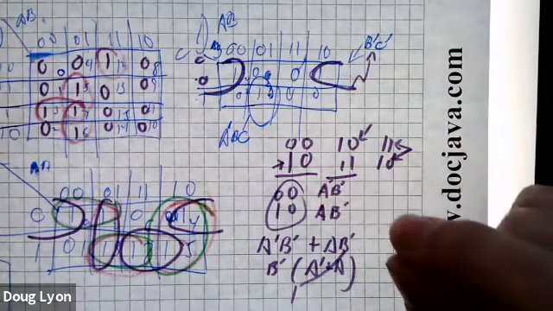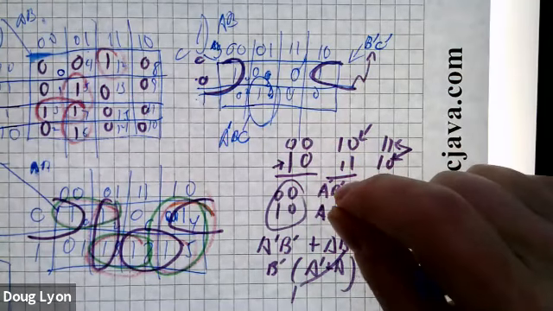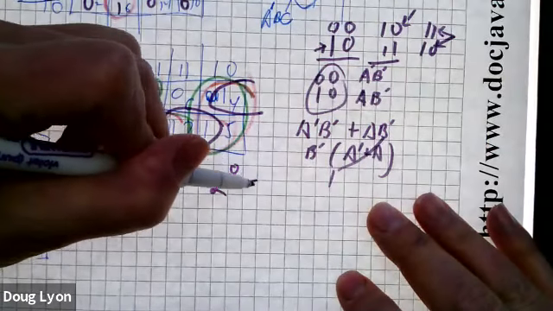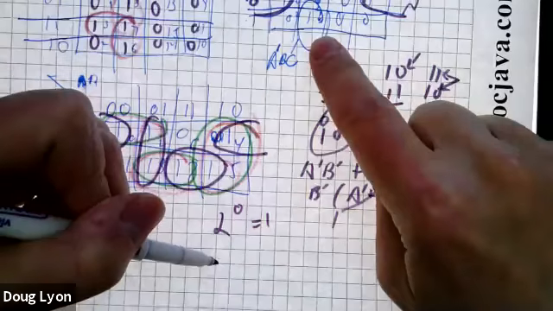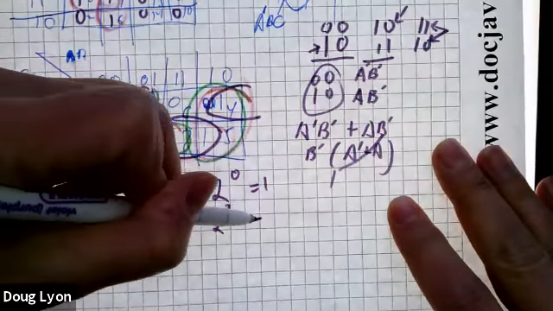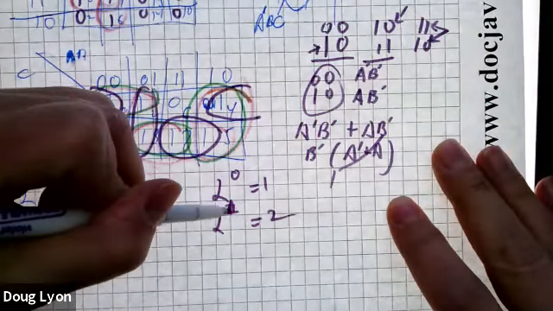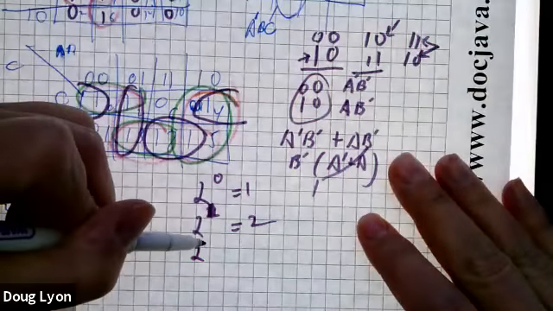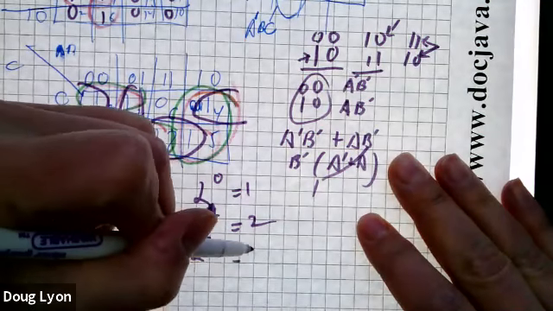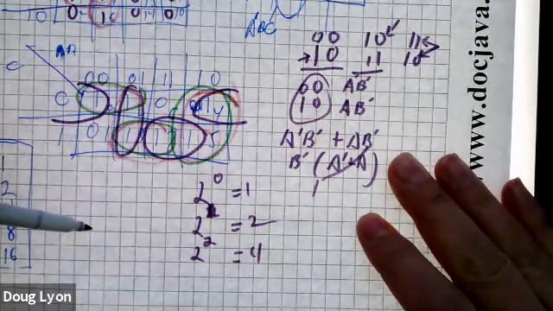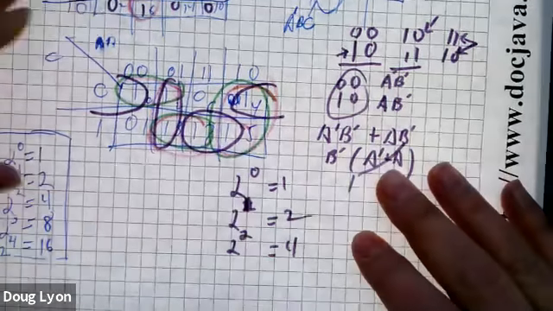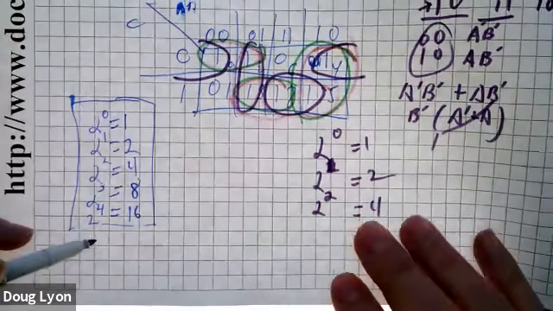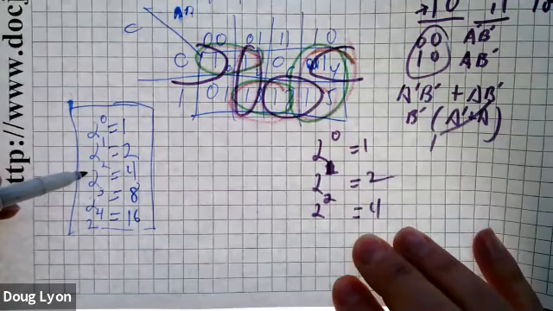Loops can be an integral power of 2. What does this mean? It can be 2 to the 0, which equals 1. That's here. It can be 2 to the 1, which is equal to 2, which is here. It can be 2 to the 2, which is equal to 4 different elements. And I don't have a good example of that. 2 to the 3 is 8.